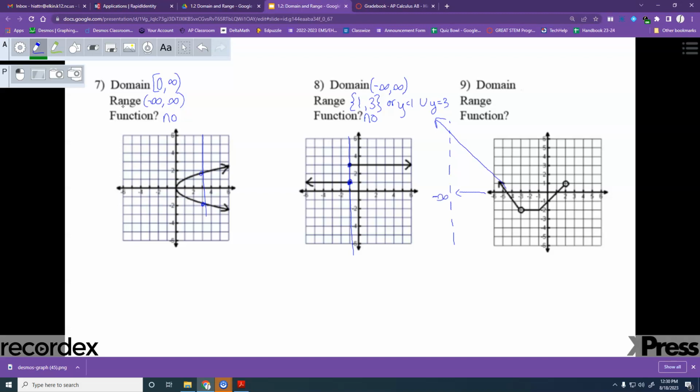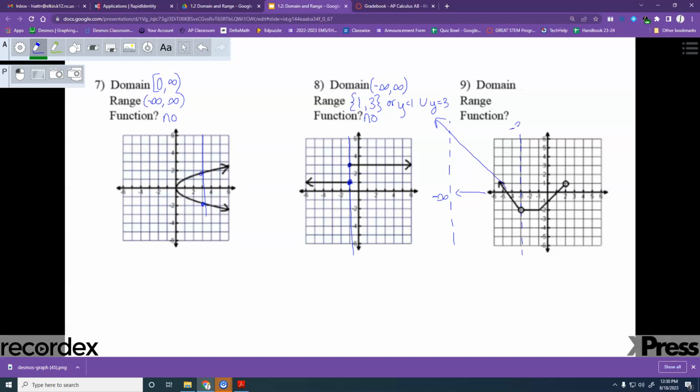And then I'm going to go across. Okay, and do I hit the graph? Do I hit the graph right here? I do not hit the graph right there. Because what's that open circle mean? It means that point's not included, right? It's all the way up to that point, but it doesn't include it.